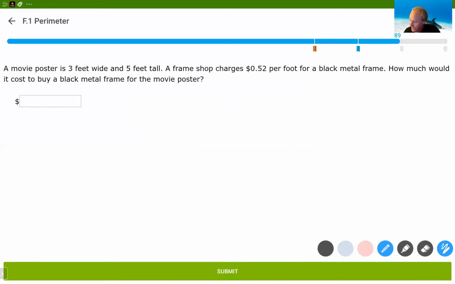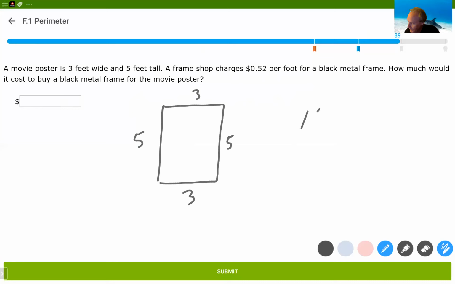Movie poster is 3 feet by 5. We know that movie posters are rectangular. That's 3 by 5. And we've got 16 feet for the whole thing. A frame shop charges 52 cents per foot for the metal black frame. So it's going to be 16 times 52 cents.